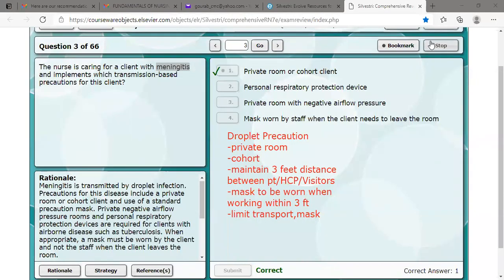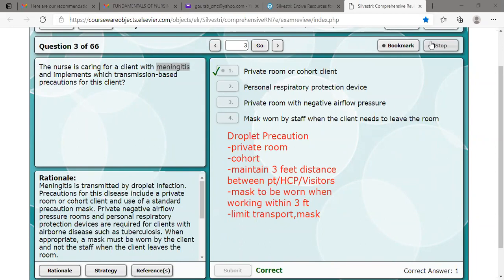So for a droplet precaution like meningitis, we provide a private room and also cohorting.